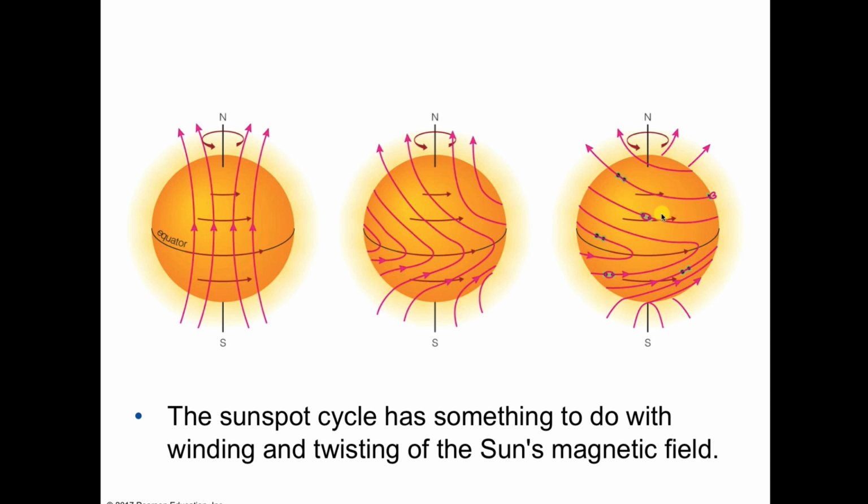There actually is evidence that this has happened on the Earth as well, that the Earth's magnetic field has reversed. If we think about the north as being one of the magnetic poles, a compass points north. Technically, the north geographic pole of the Earth is a south magnetic pole. There is evidence from a long time ago that the north was actually a north magnetic pole, and it has reversed in the past.